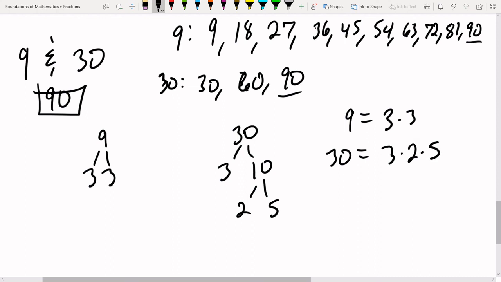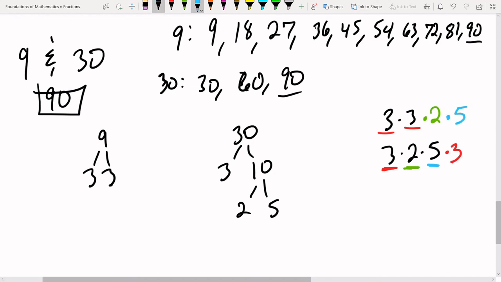So what would the least common denominator be here? Well, the top one has two 3s, right? We have 1, 2. The bottom one only has 1, so we're going to need another 3 there. The bottom one has a 2, the top one doesn't, so we're going to need to multiply by 2. And the bottom one has a 5, the top one doesn't, so we need to multiply by 5.